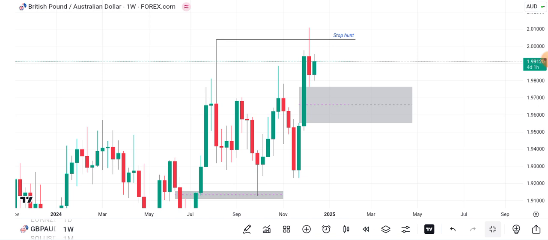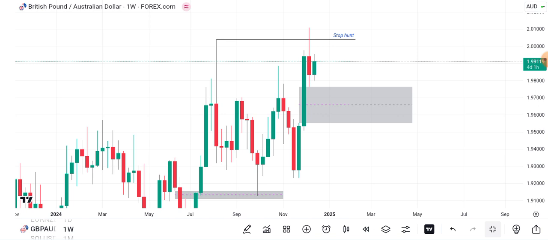This is GBP and this is a weekly time frame. I've been saying that one of the things you want to be looking at on higher time frames are old highs, old lows, and fair value gaps, as those are the things price gyrates towards, the things price travels towards.